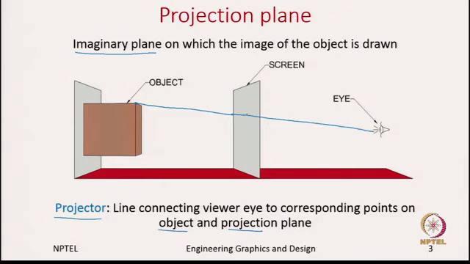This line will intersect this projection plane at a point, let us say this is the point. Essentially, this particular line is called the projector. This terminology is important as we go along in this lecture.